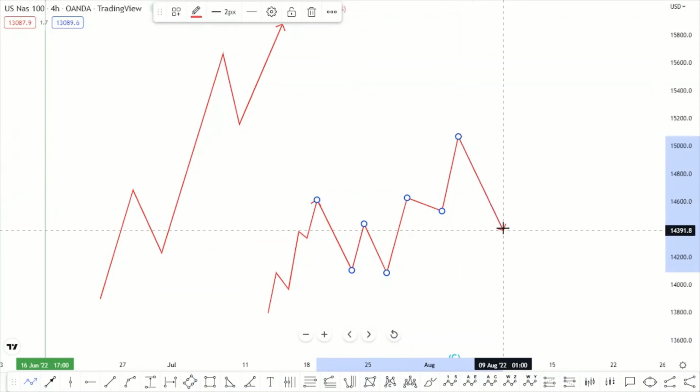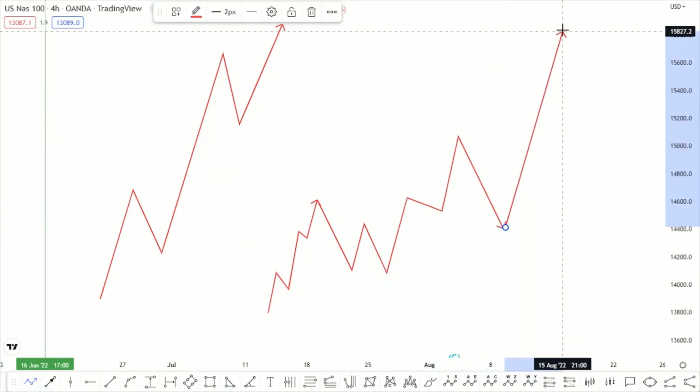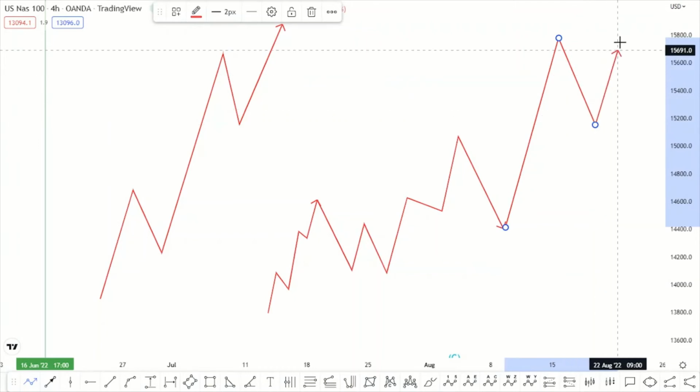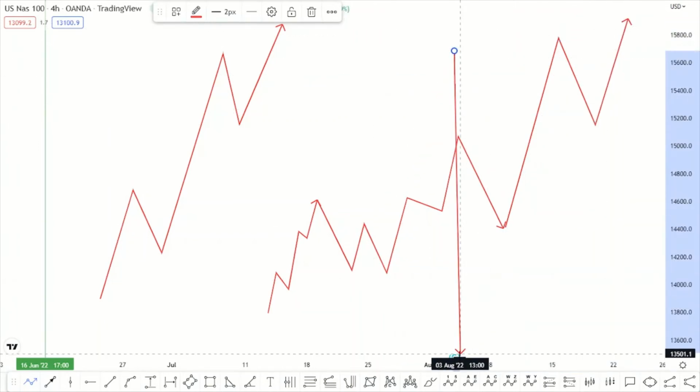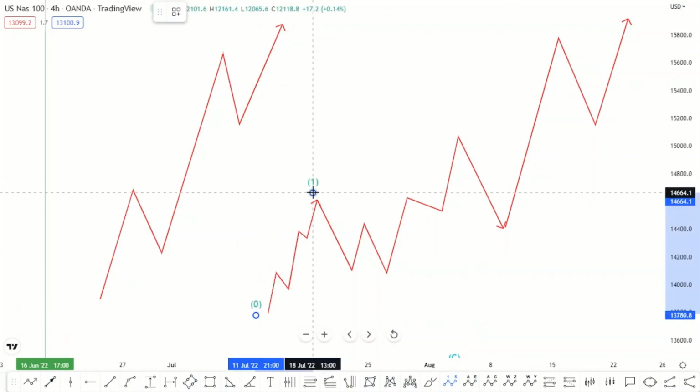You can make wave 3 like this, and then you can complete your trend over here. So as you can see, it's a little complex, but if you understand the mono waves, it is clean and clear, right?